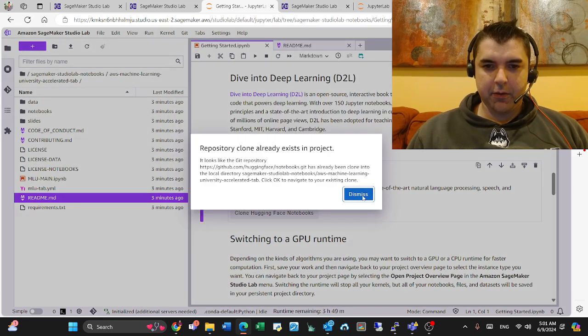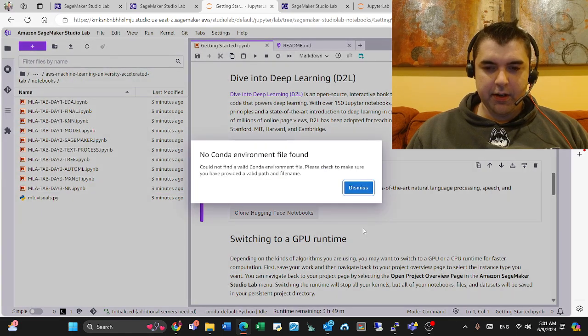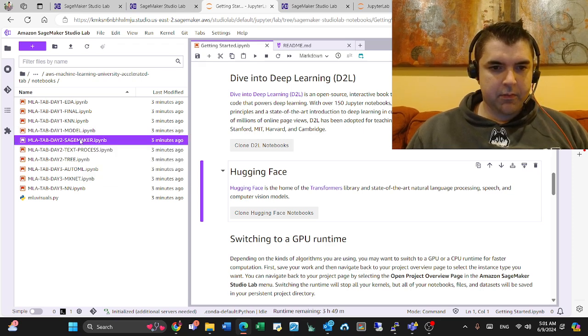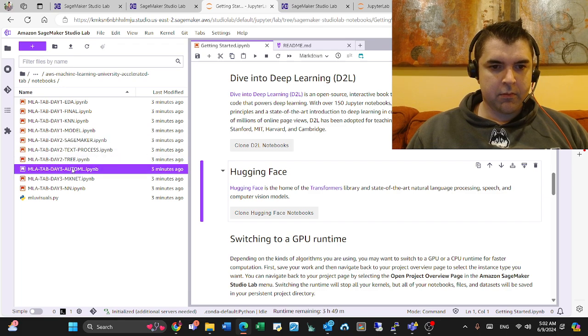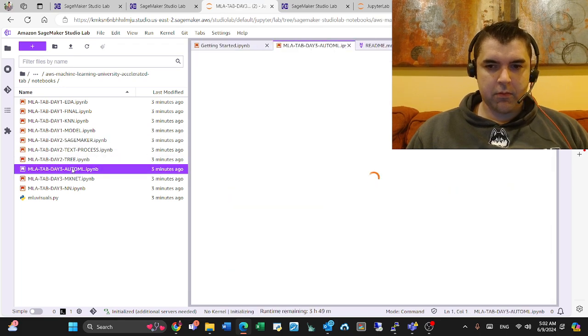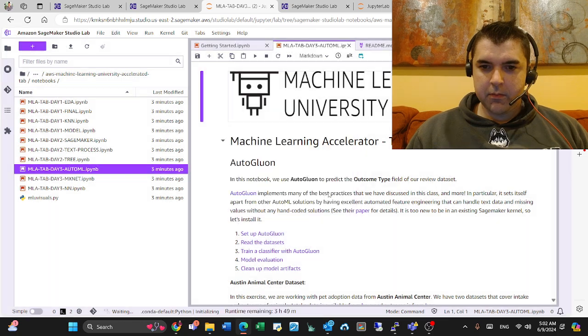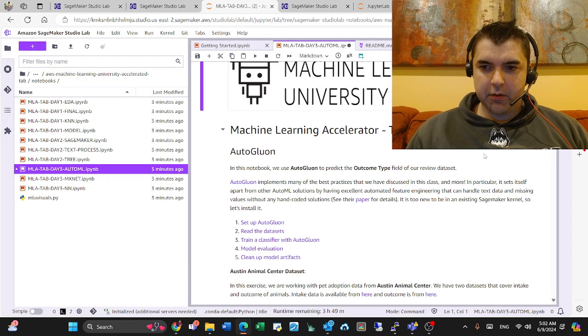Hugging Face is the platform that allows you to use data sets and also models. Here's an auto ML. It's like an ensemble method? Tabular data.